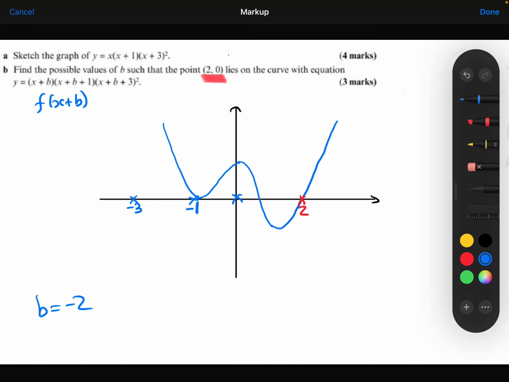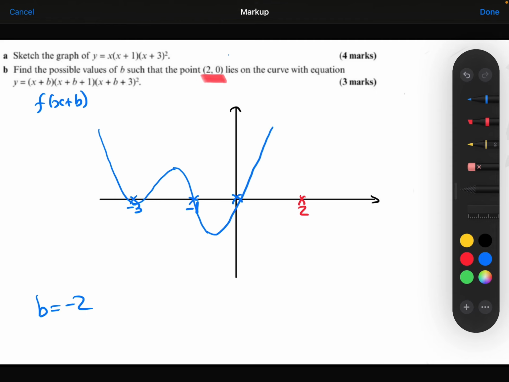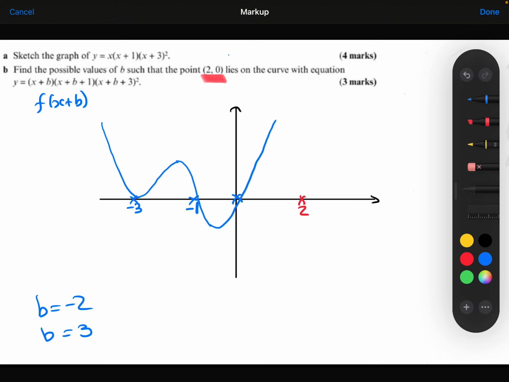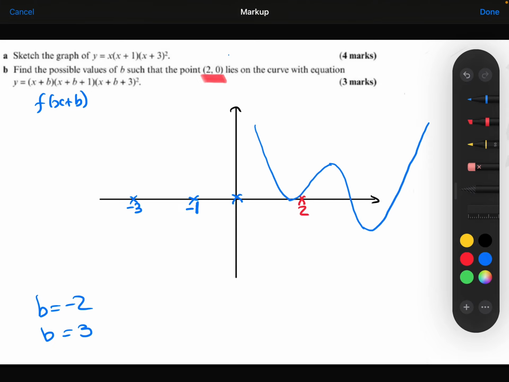That's not the only way that my graph could translate and pass through 2 though. It could also have been translated over 1, 2, 3 units like that if b was minus 3. There's one final option where it had moved 3 units there, then another 2 units there.